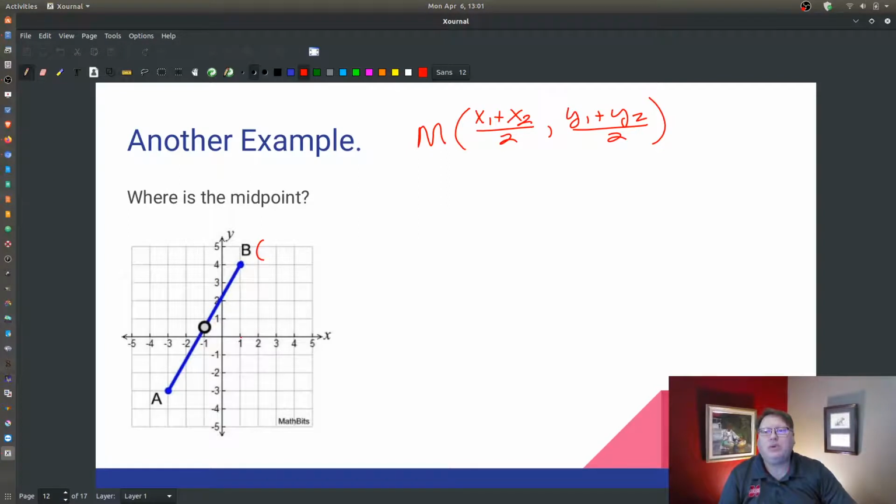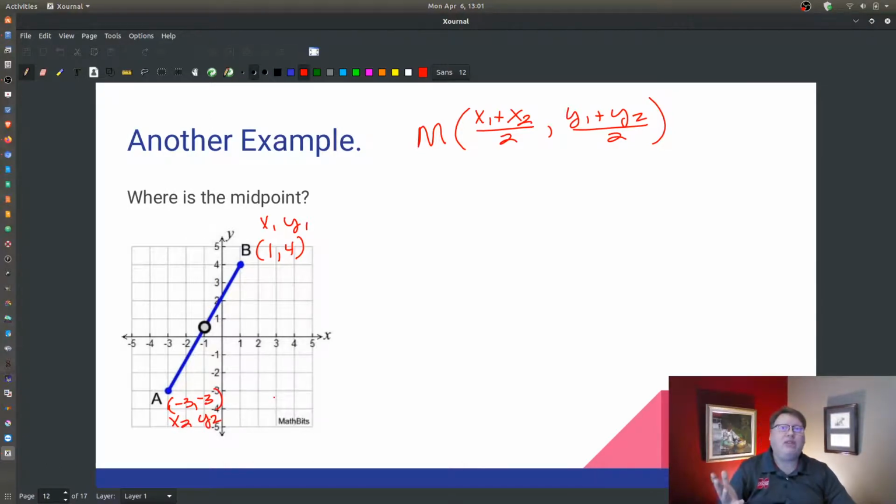This is the point 1, 1, 2, 3, 4, so 1, 4, which we can label as x1, y1. And then down here we have the point -3, -3, and this can be x2, y2.